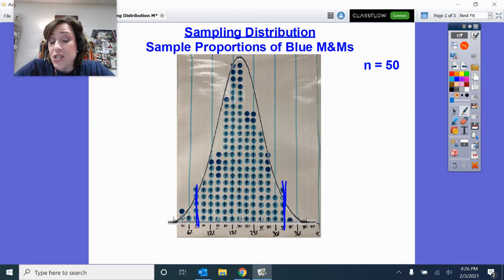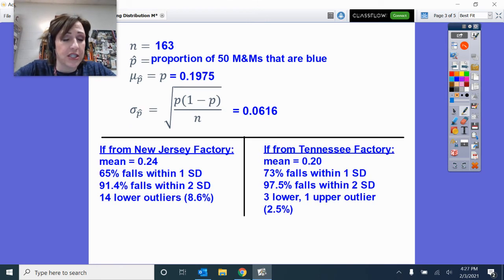So we would actually have had one upper sample that was at 34%, and then 3 lower ones. There were 2 of them that had 4%. Those people only had 2 blue M&Ms, poor little 2 blue M&Ms, and one person had 6%. Okay, so 3 M&Ms in their 50. Okay, so here is what that looks like.